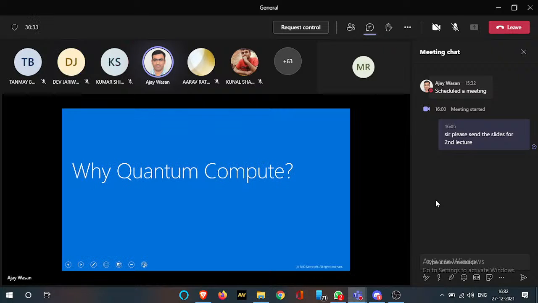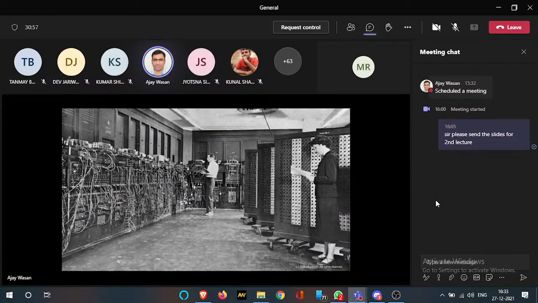So why a quantum computer? These slides I got from Microsoft, I'm showing. They were helping 2 years back; they are using their quantum algorithms to run some tasks. So this I'm showing, one computer. That was the first computer.